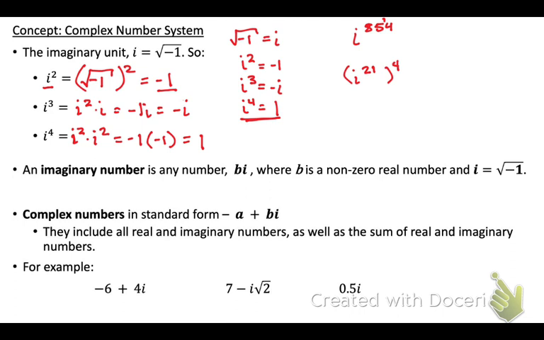So 4 goes into 14, how many times? 3, with what left over? 2. So this whole thing equals 1, doesn't it? And what's i squared equal? Negative 1. So the answer to this is 1 times negative 1, which is negative 1.